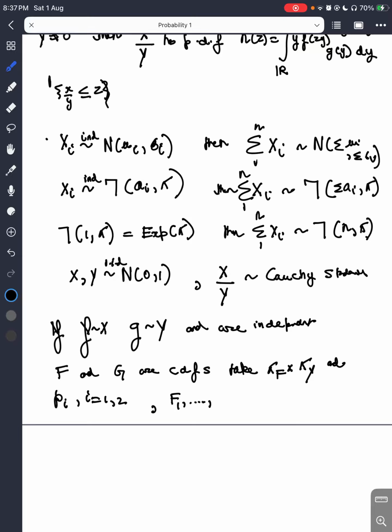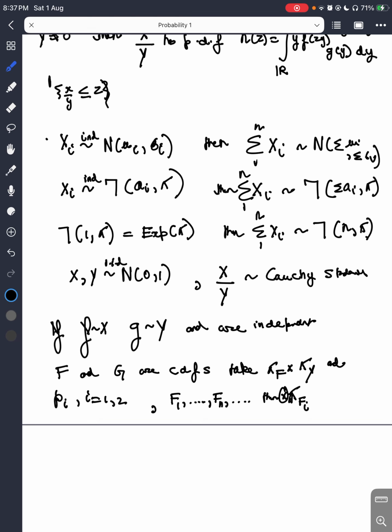This recipe is more difficult. If F_n is a sequence of CDFs, then in that case we will take an infinite product measure of probability measures, the product of lambda_Fi. This needs to make sense, and it is something called the Kolmogorov extension theorem.